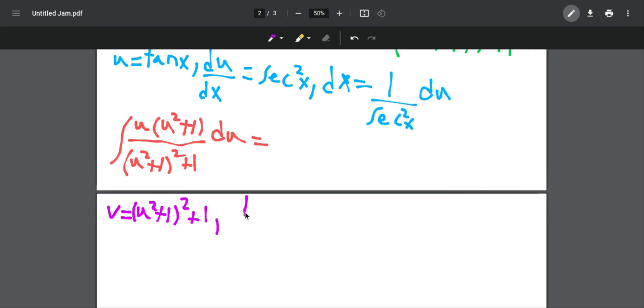When differentiating v with respect to u using the chain rule, we first use the power rule: 2 times u squared plus 1, because the derivative of 1 is just 0. Then, using the chain rule, we differentiate the inside, so we get 4u times u squared plus 1.